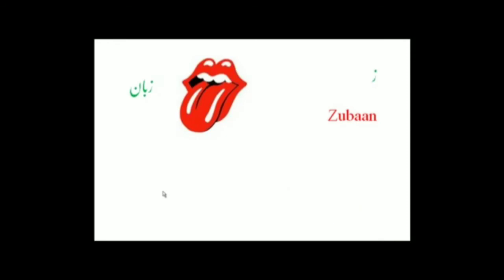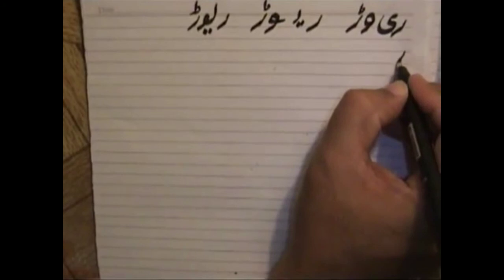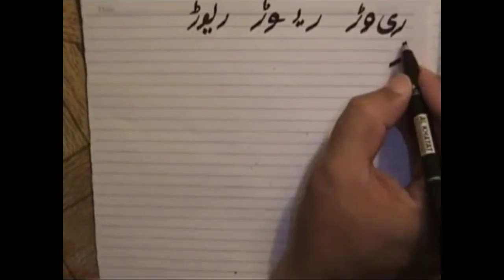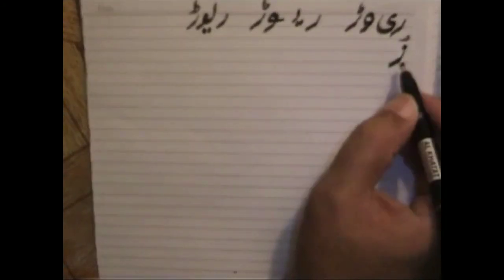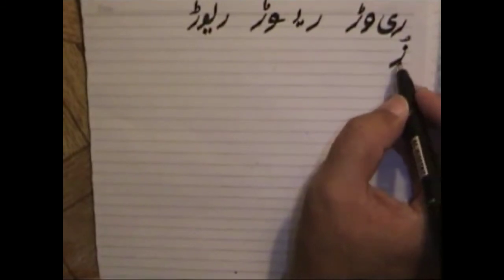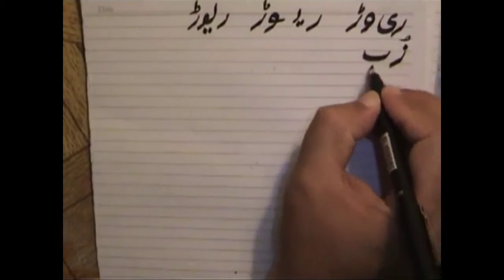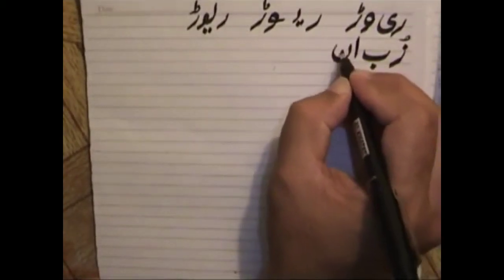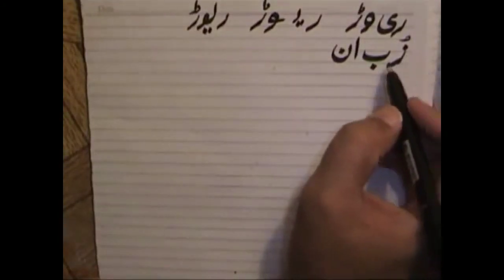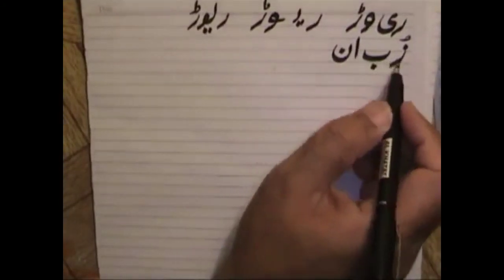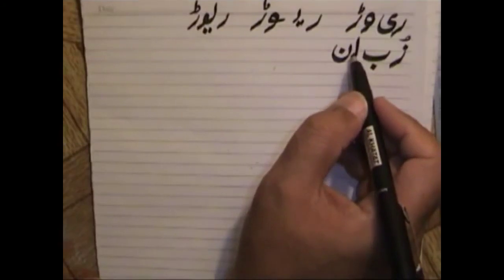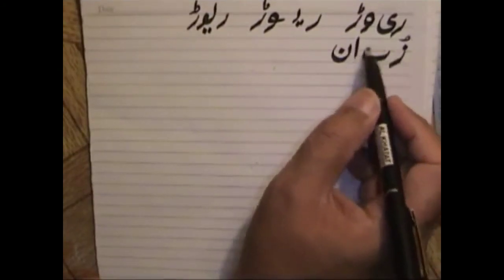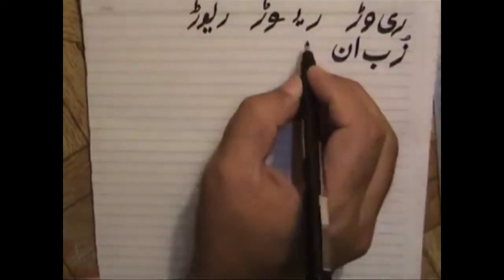Ze zuban, tongue, ze zuban. Actually it is zu sound, ze pesh, zu. It is not zaban, it is zuban, ze, and then be, and alif, and noon, zuban. So ze, alif, they are non-connector, be and noon is connector.